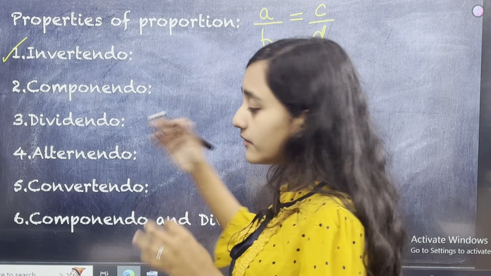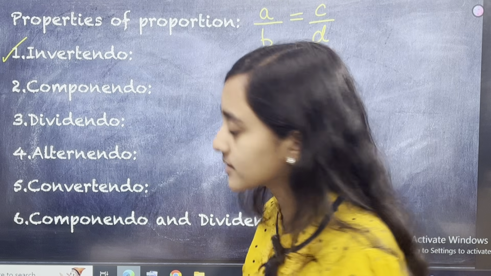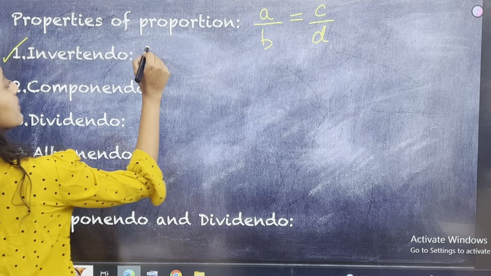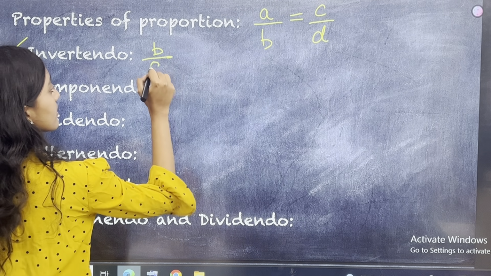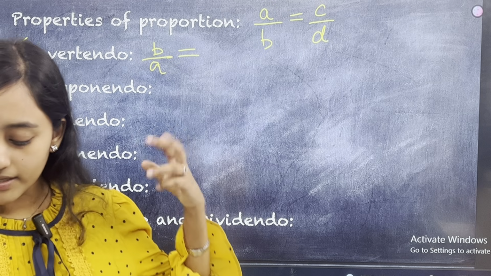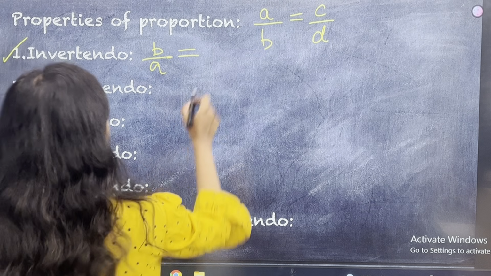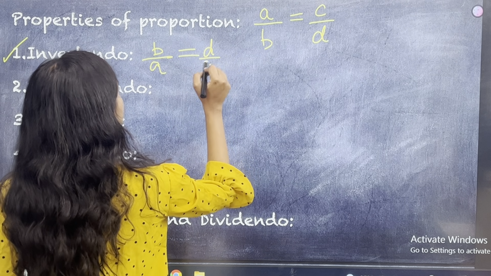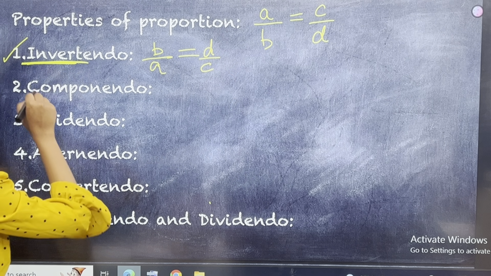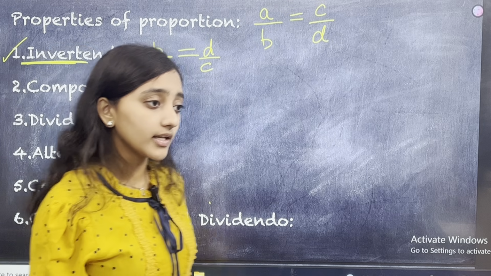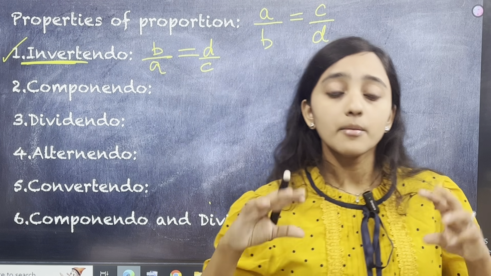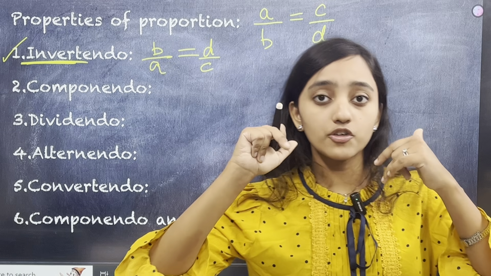In invertendo, if you have A by B out here, you will have B by A is equal to, you have C by D out there, so you will have D by C. So please remember that you invert out here. If you have to do an invertendo, you will do B by A is equal to D by C. Basically, you're just reversing each of the fractions.